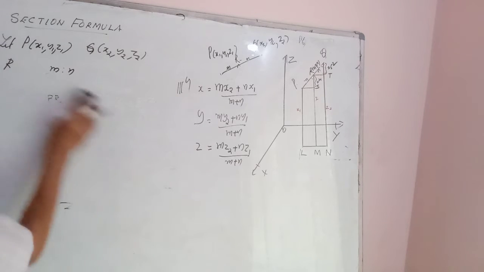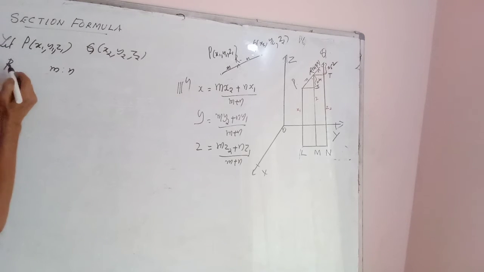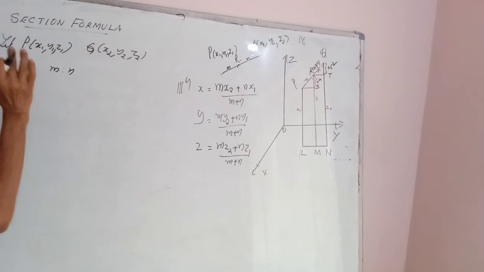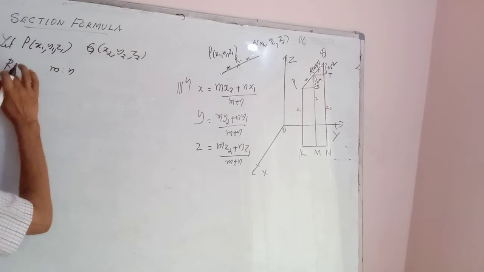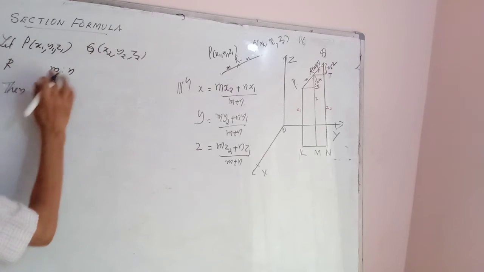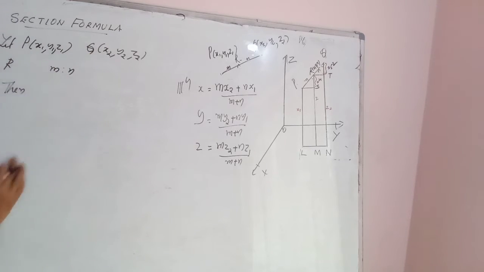Look, the coordinates of the point R, then the question is this one. Find the coordinates of R if R divides PQ internally in the ratio m is to n.